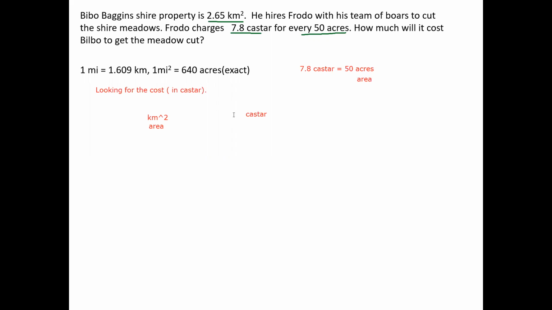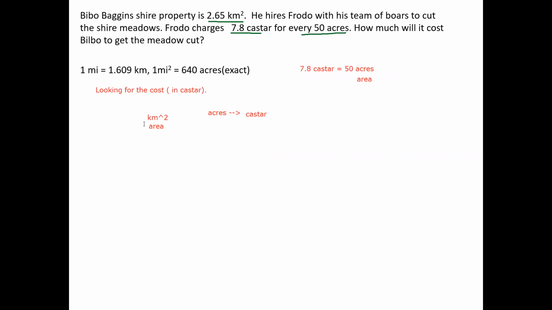So if somehow we can find acres, we can convert it to castar, because it tells us that for every so many acres, we have this many castar. So again, if we can find out the number of acres, we can get the cost that it's going to take for Bilbo Baggins.